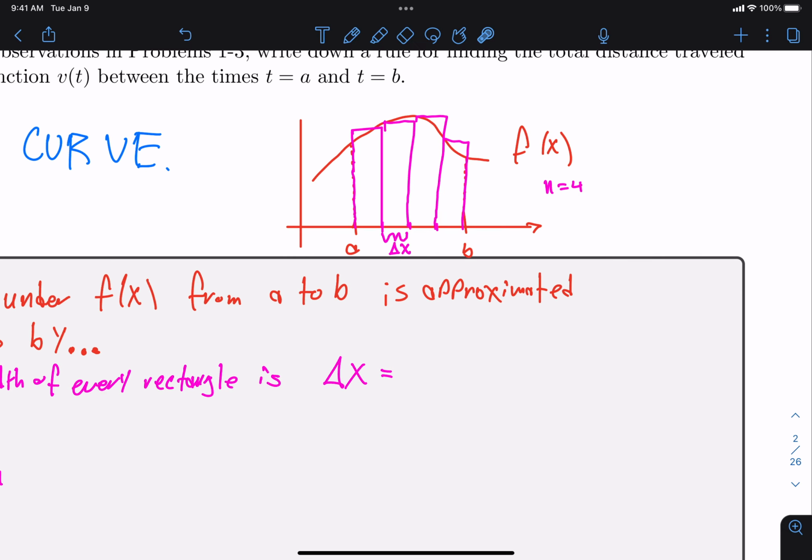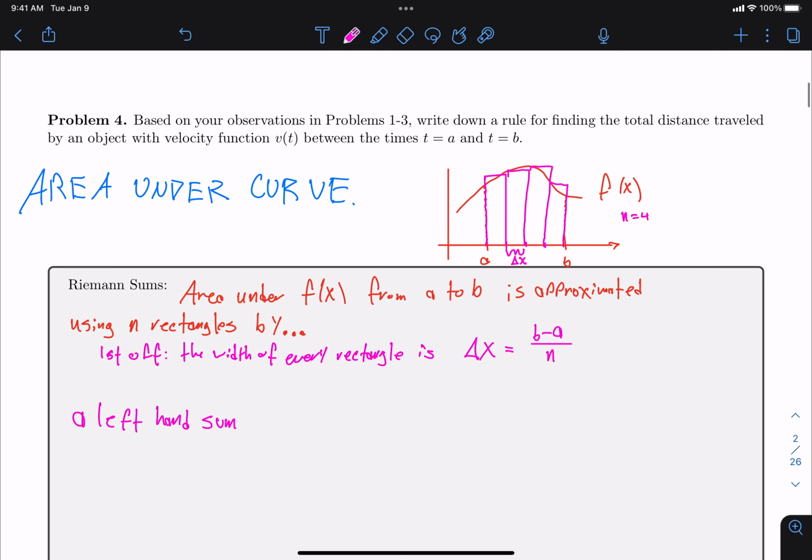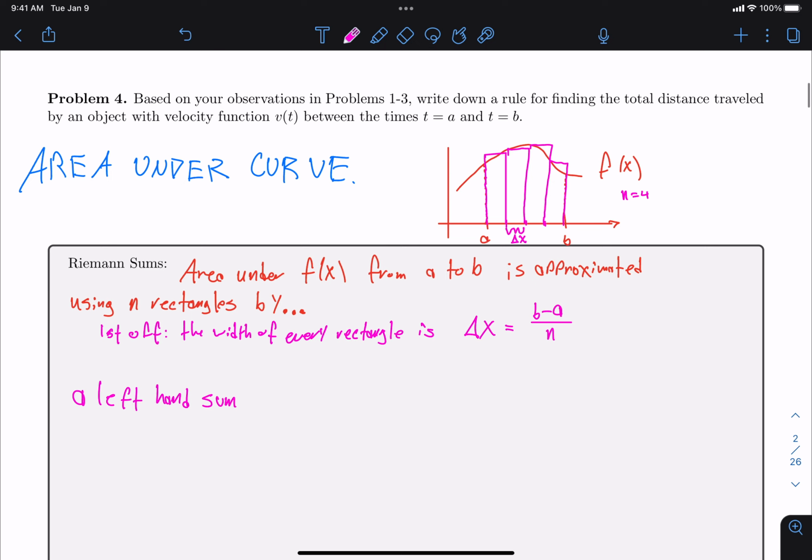Well, it depends on how long the interval is and how many rectangles you are going to use. The length of the interval is b minus a, and we divide that evenly by the number of rectangles, so b minus a over n. In this case, you would do b minus a over 4. So that's the width of every rectangle.